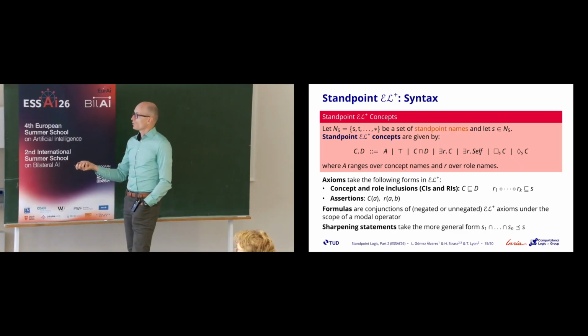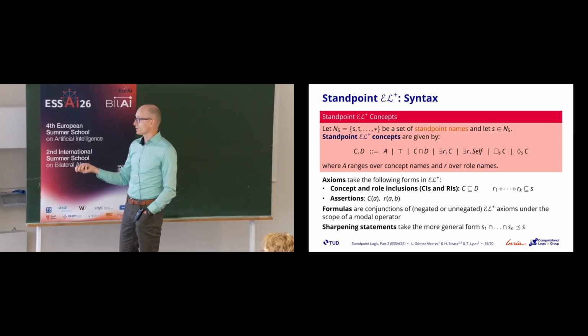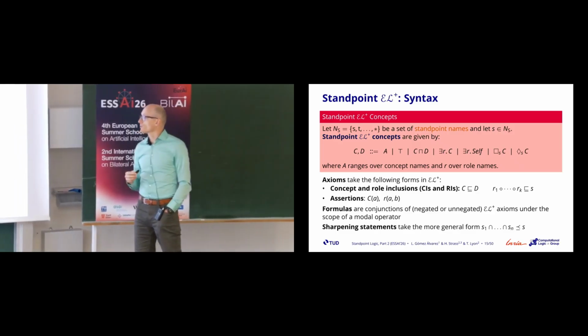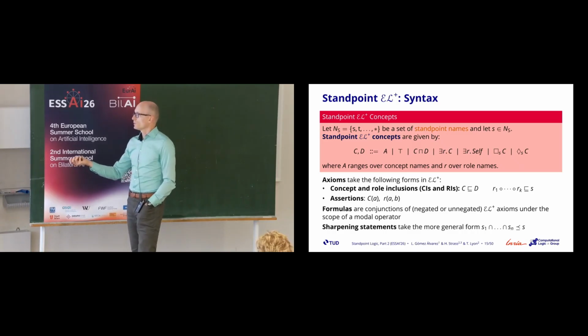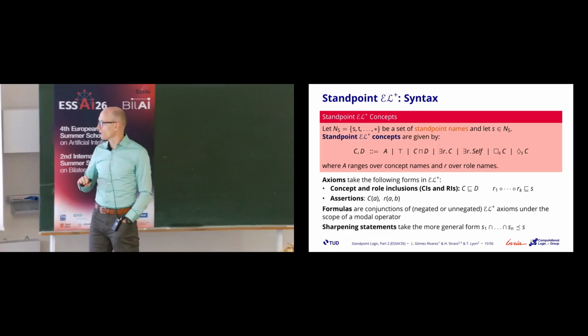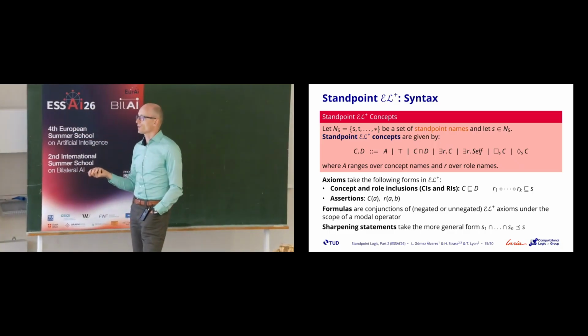And we can even build conjunctions of such assertions. And we can even sometimes negate them. So here we allow even more. Once we have an axiom, we allow to negate it in a controlled form. And we will see that this doesn't really affect the complexity.